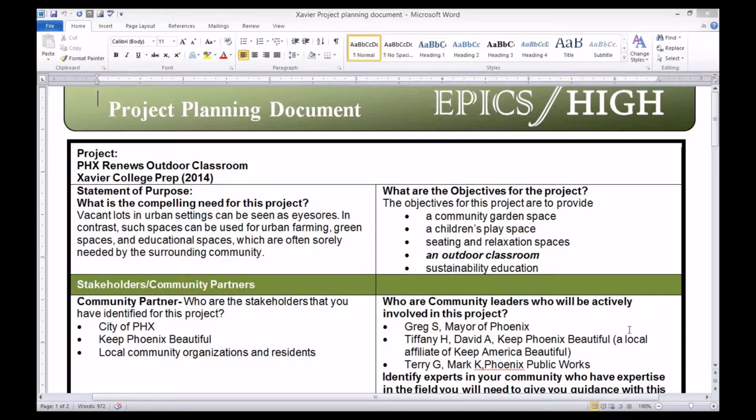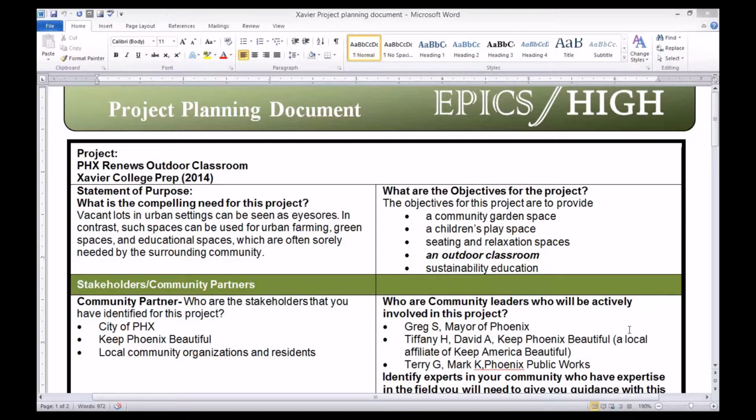Janet was working on a Phoenix Renew project. There is a vacant lot in the middle of Phoenix where you can't build anything permanent, but they're using it like a park.